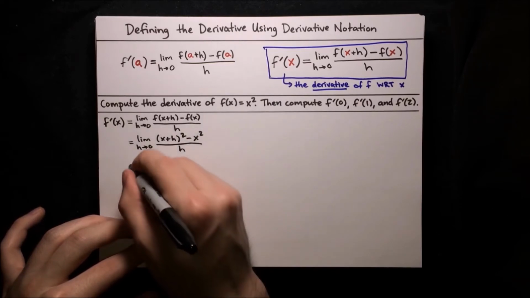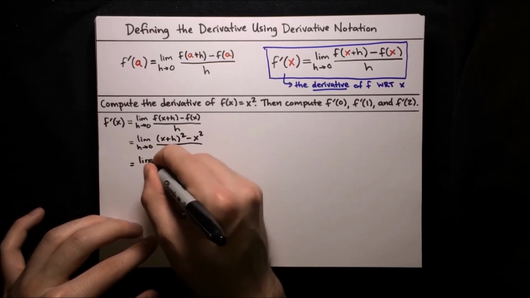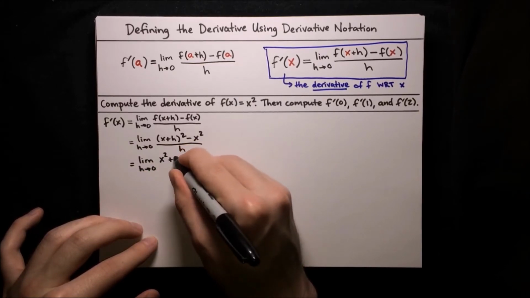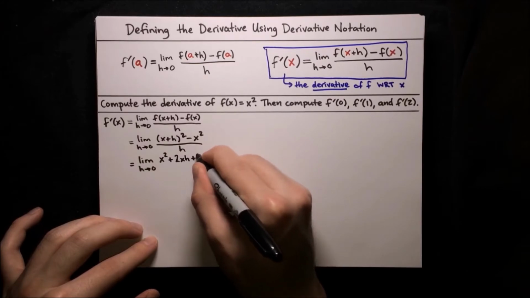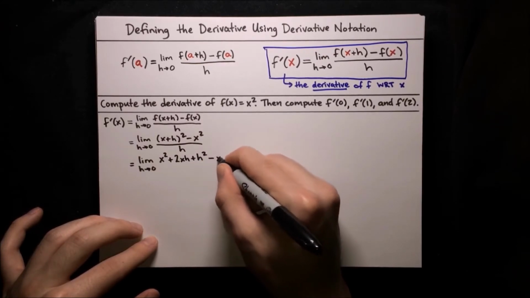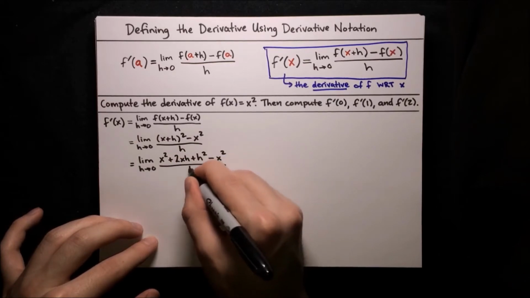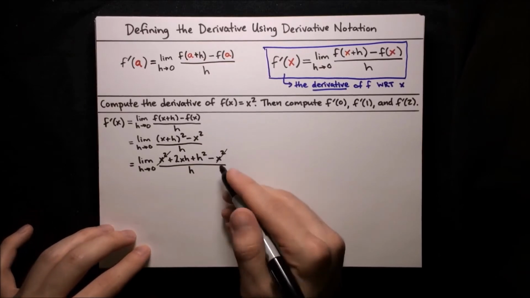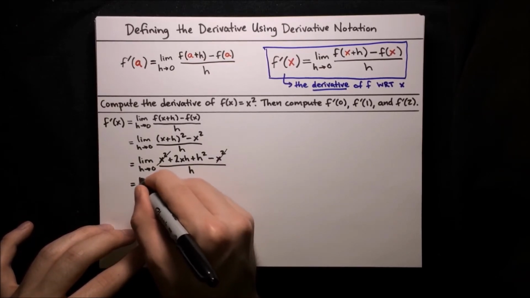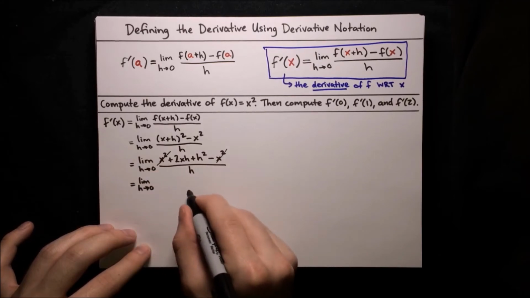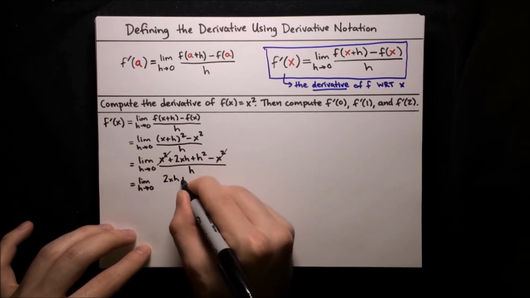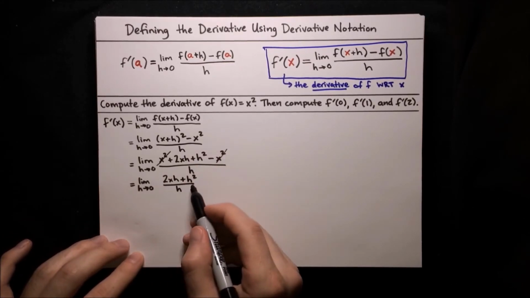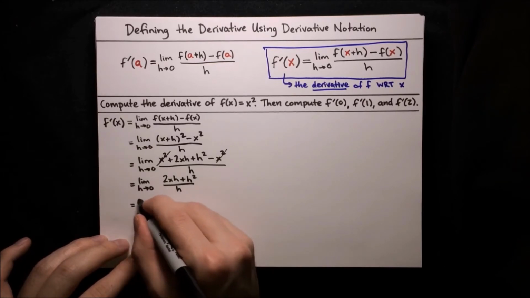Now we just simplify. So this x plus h squared in the numerator, we can expand that out to x squared plus 2xh plus h squared, and then we've still got our minus x squared. That's all over h. And notice that this x squared and this minus x squared cancel. So this is really just the limit as h approaches 0 of the remaining terms, 2xh plus h squared over h. And hey, each of these terms has an h in it, so we can go ahead and divide by h very cleanly.